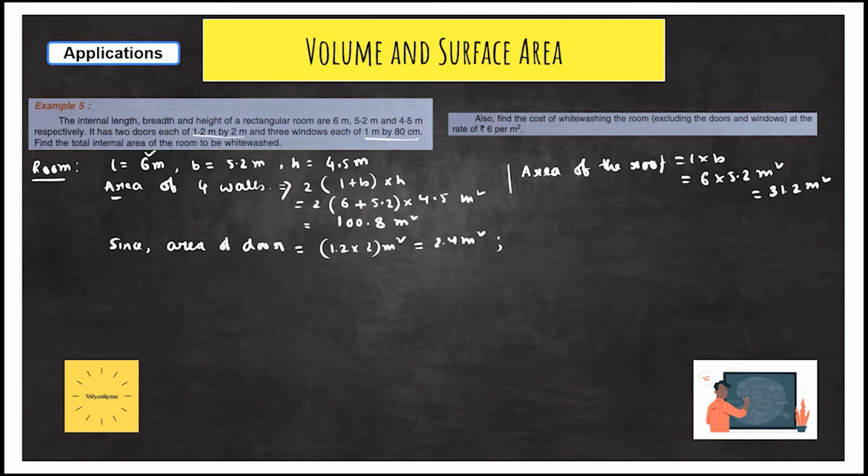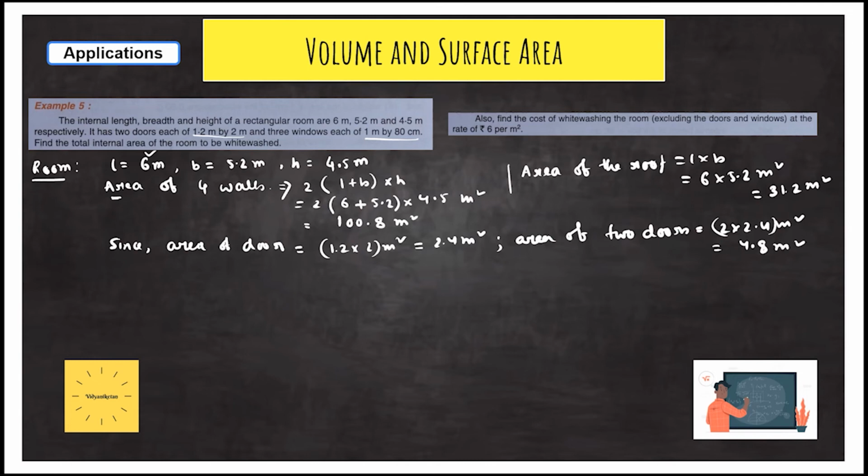We are finding all the dimensions. Area of 2 doors is nothing but 2 into 2.4 meter square. So this is becoming 4.8 meter square.